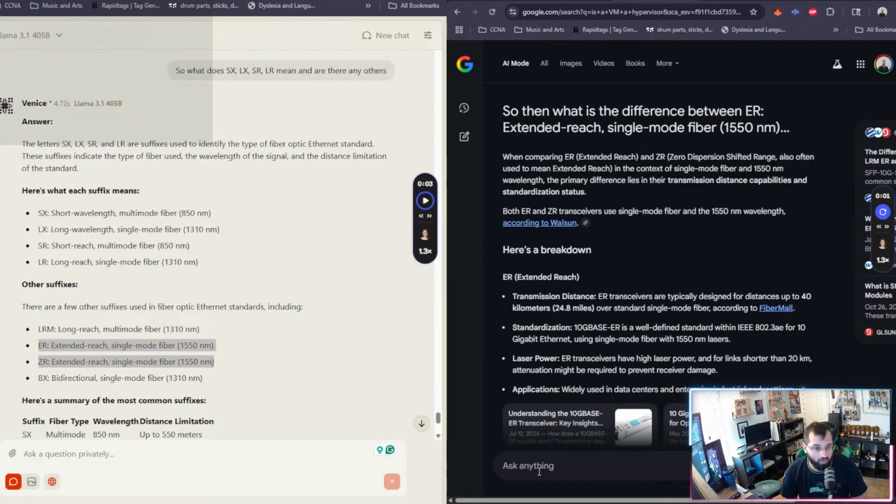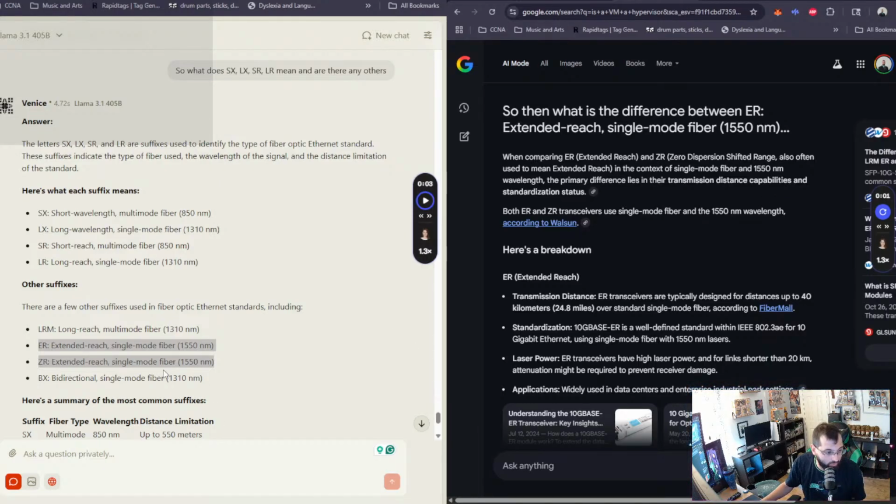When comparing ER, extended range, and ZR, zero dispersion shifted range, also often used to mean extended range in the context of single mode fiber in 1550 nanometer wavelength, the primary difference lies in their transmission distance capabilities.